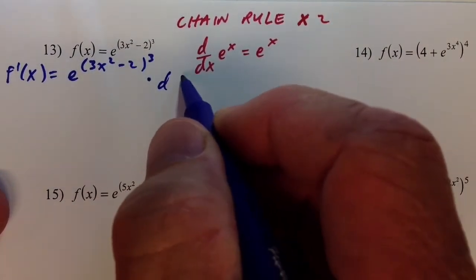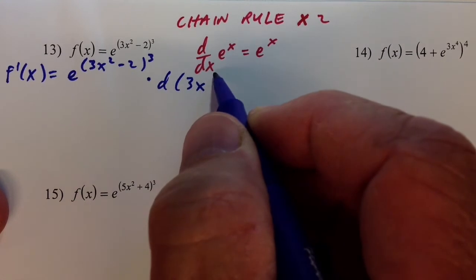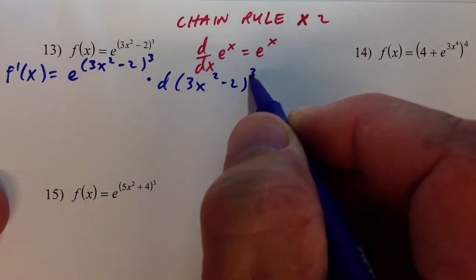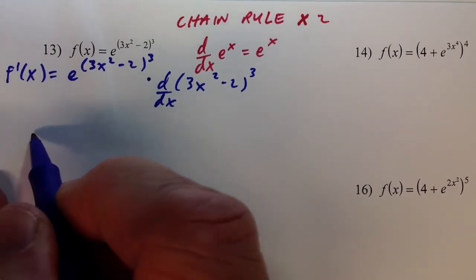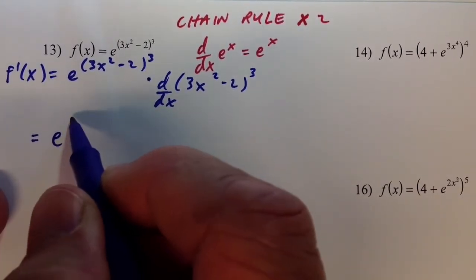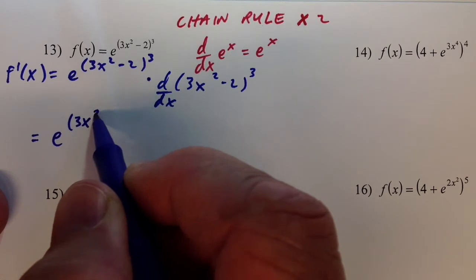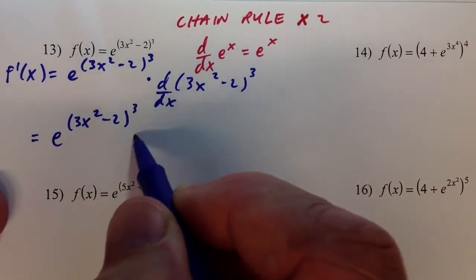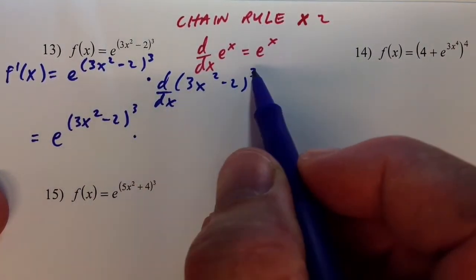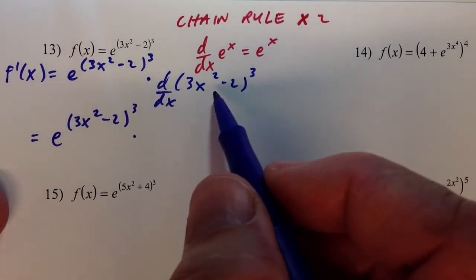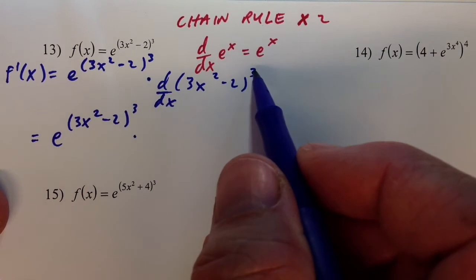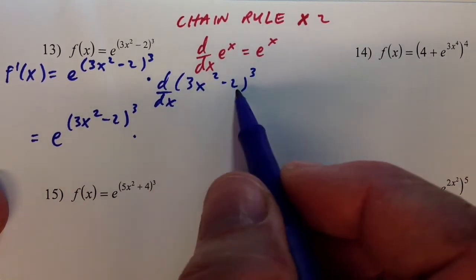Let me go ahead and split this up. I don't want to try to do too much here at once because this could be a little bit tricky. So we're going to rewrite this part here: (3x squared minus 2) to the third. Now, the derivative of something to the third power, we can now focus on just that. The outside function is something to the third power. The inside function is this stuff in here.